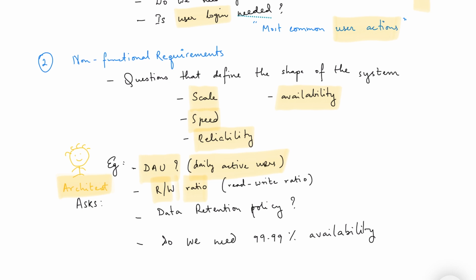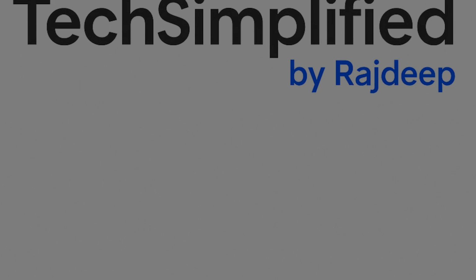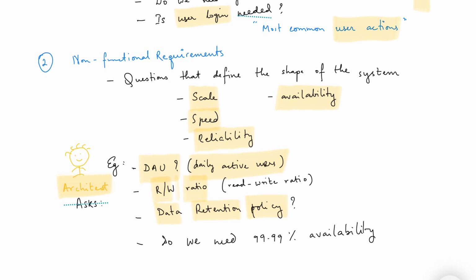The read-write ratio will enable us to understand what kind of database we can use for this. The next step is we try to see what the data retention policy is in the system. By data retention policy, the architect tries to understand whether the data has to reside for 1 hour or 1 year, or what the allowed timeline is for that.